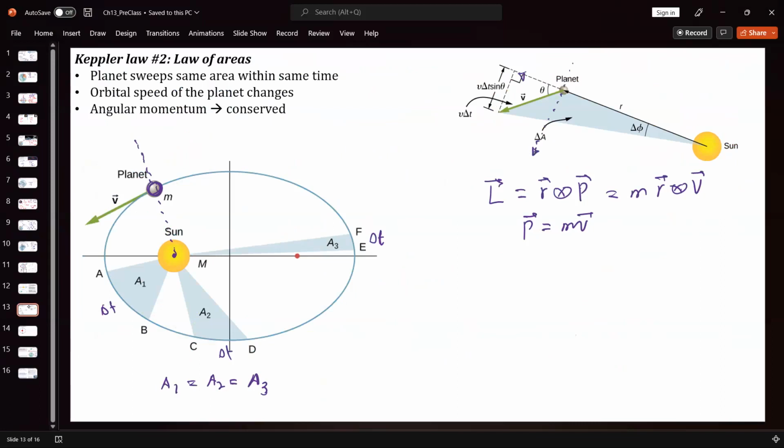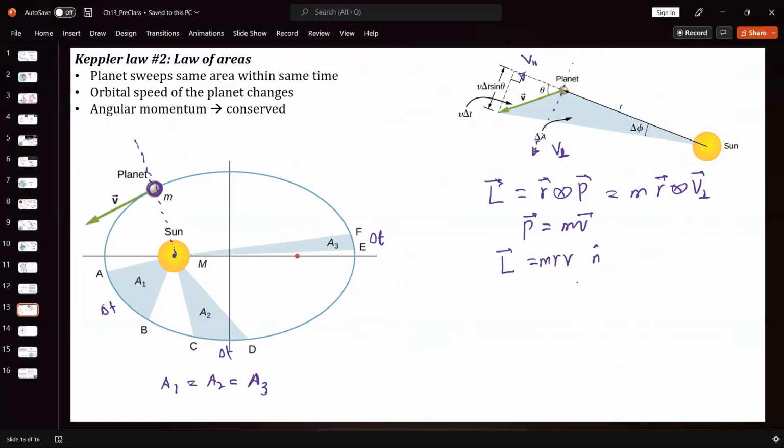Only the tangent velocity component participates. The line right here is the perpendicular component, and the two lines right here are the parallel component. Only the perpendicular component participates in the angular momentum. Then the angle between r and v is 90 degrees, so this is going to be mass times r times v, in the direction we can say inward.